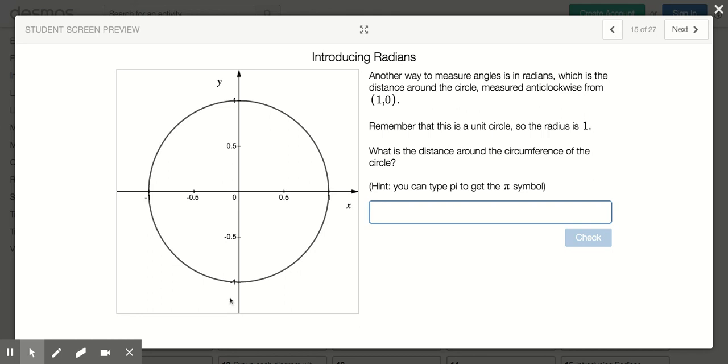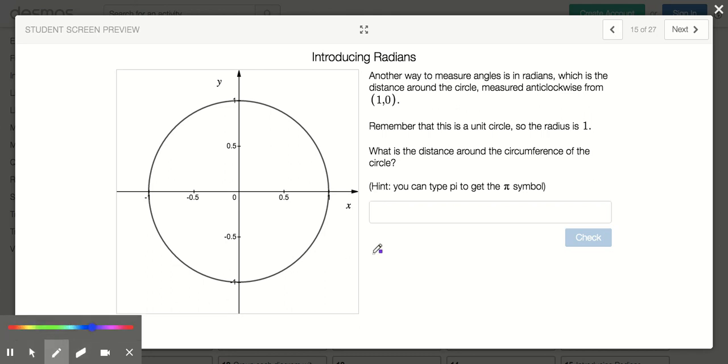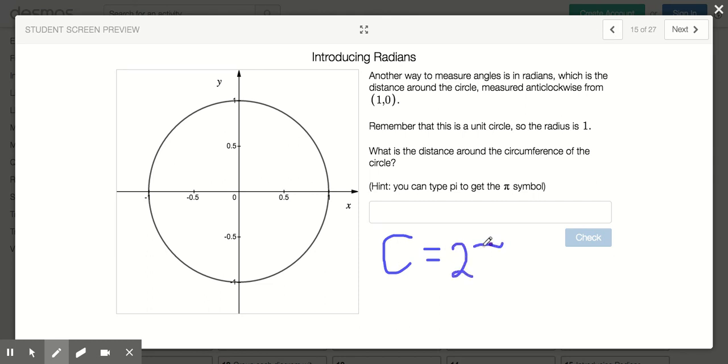If you're having trouble with this, think about what you learned in geometry. You learned that the circumference is twice the radius times pi, or you could say 2 pi r.